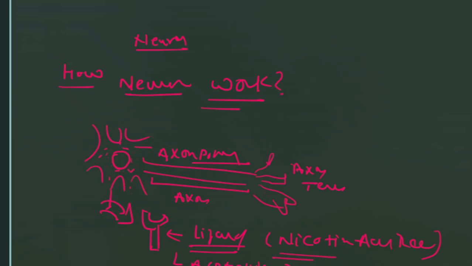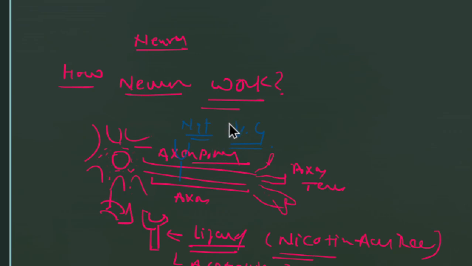In the axon part, we have a sodium channel, but this sodium channel will open when the voltage changes.